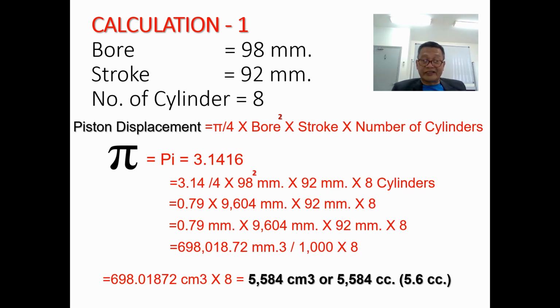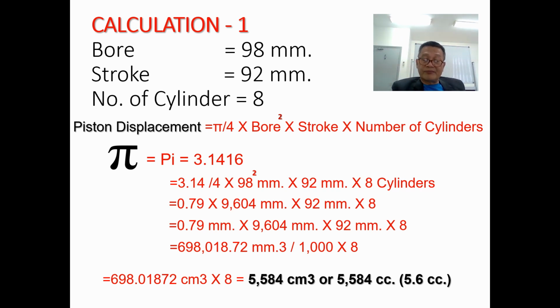Then multiply by 92, which is your stroke. So 0.79 times 9,604 times 92 will be 698,018.72 cubic millimeters.